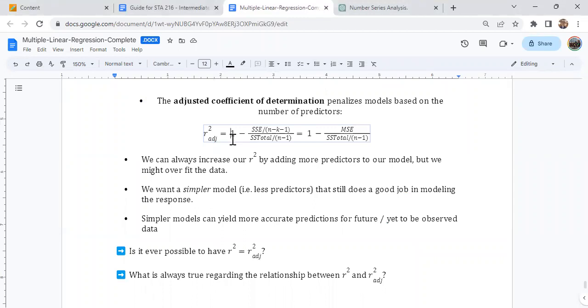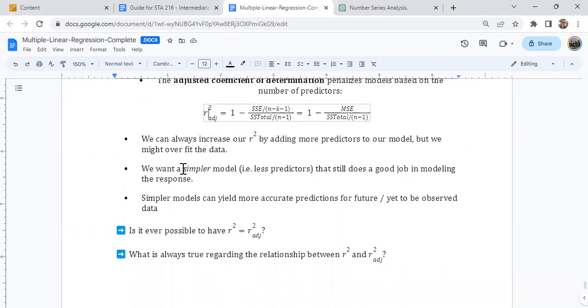So if you start throwing in a bunch of predictors and they don't increase R squared a huge amount, the adjusted R squared will start to go down, indicating that it's a worse model fit. This will help us pick what we'd call a simpler model, meaning fewer predictors, that still does a good job.